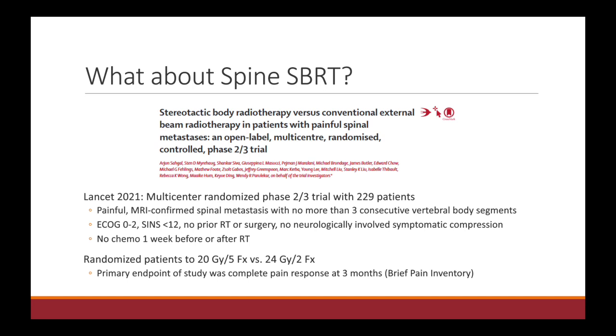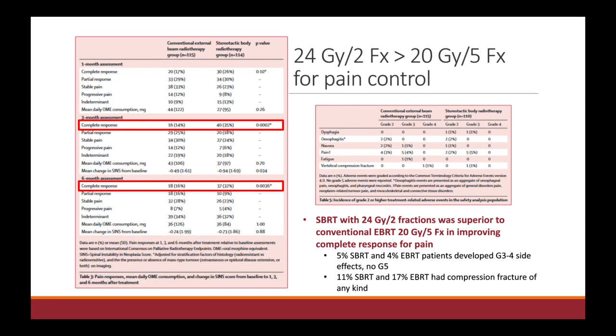They had to have pretty decent performance status, a low spinal instability score, and no prior radiation or surgery, and then they were randomized to receive either 20 gray in 5 fractions or 24 gray in 2 fractions SBRT. The results actually showed that SBRT with 24 gray in 2 fractions was superior to 20 gray in 5 fractions in terms of complete pain response with no significant increase in toxicity.